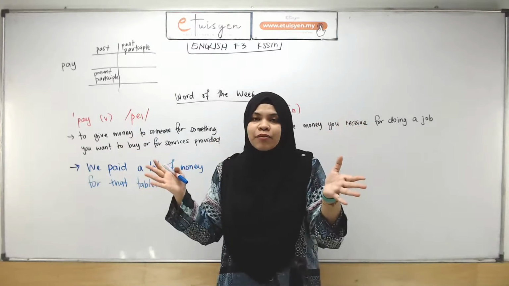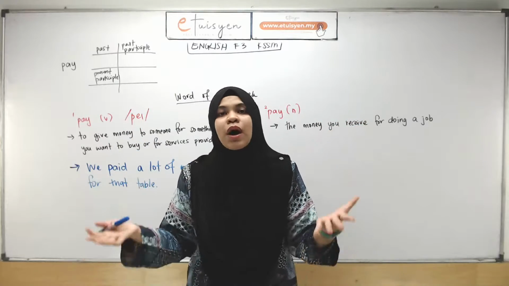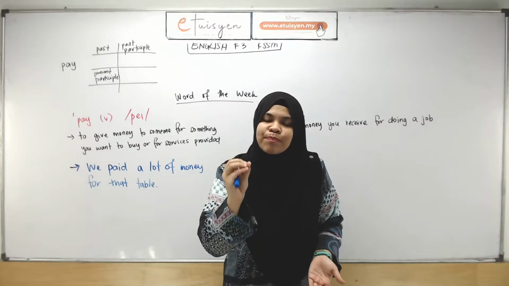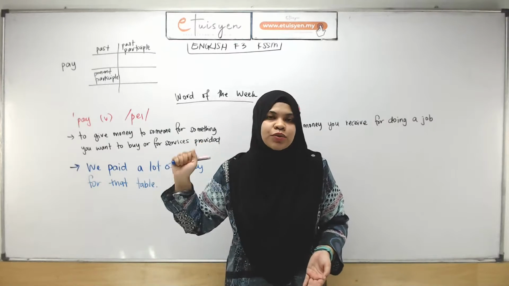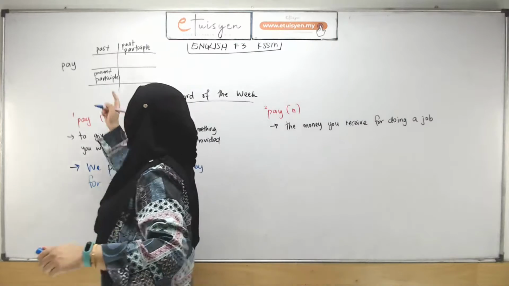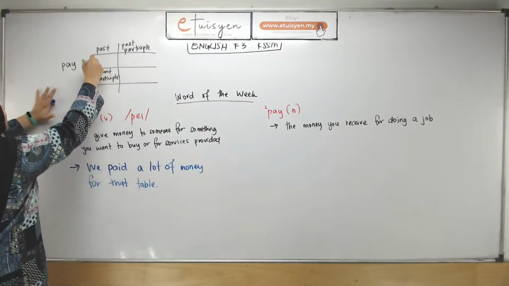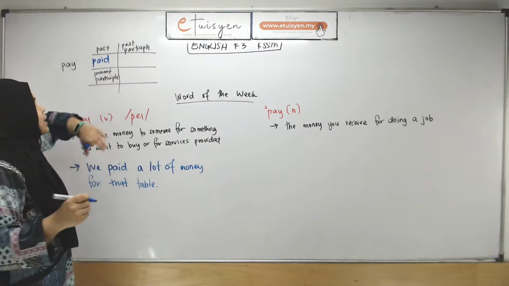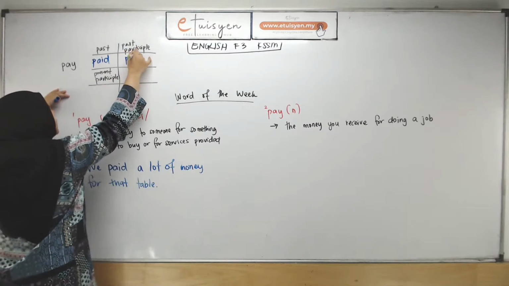How is this going to help you? You will know how to spell them in different situations. So for pay, the past is P-A-I-D, and the past participle is P-A-I-D as well.